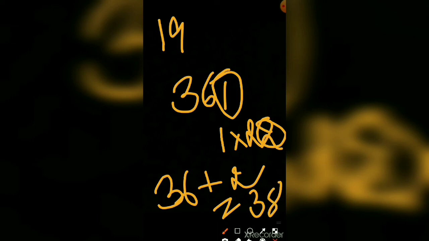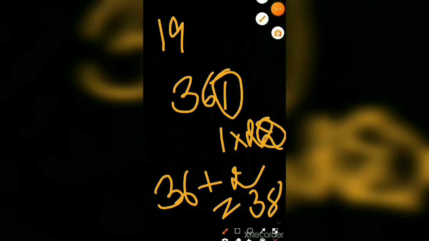The last digit is 1. The criteria states that we have to multiply it by 2. So 36 stays here, and 1 into 2 is what? It's 2. Then we have to add. So 36 plus 2 is what? It's 38, and 38 is divisible by 19, right? So we can say that 361 is also divisible by 19.